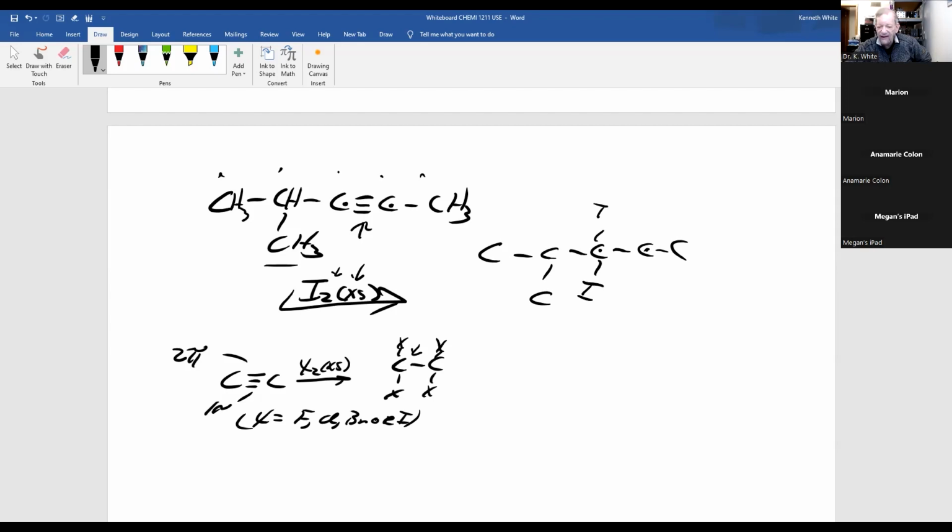And iodine, like any halogen, counts as 1 bond to carbon. And now I know there are 4 bonds to carbon, so I can fill in the rest of the hydrogens. And that's how you do it.